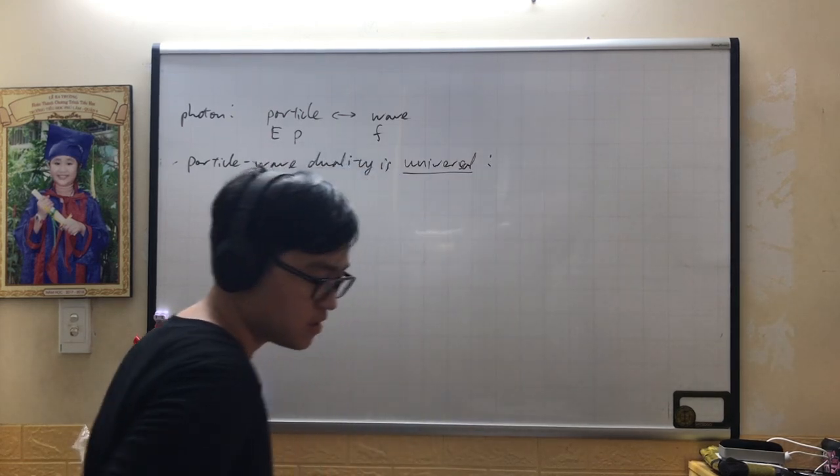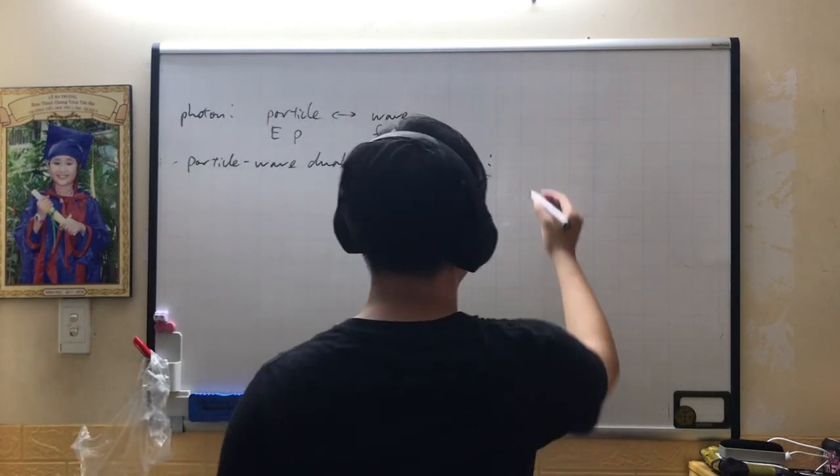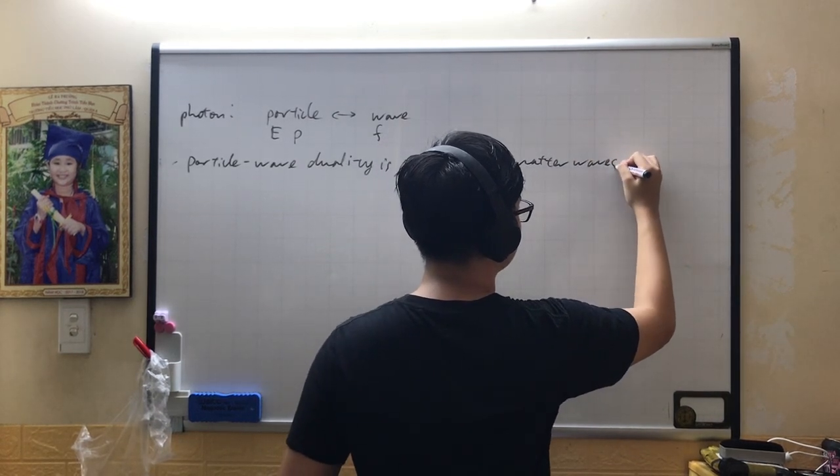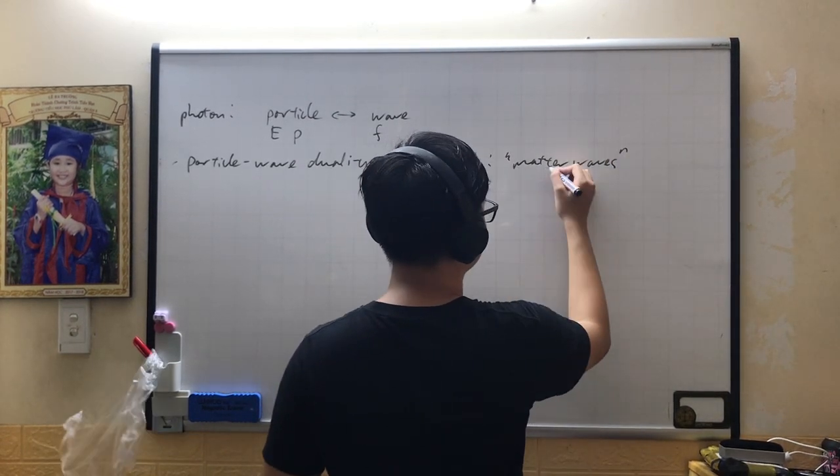Remember this. And he called this property matter wave. So matter waves are just probability amplitudes.